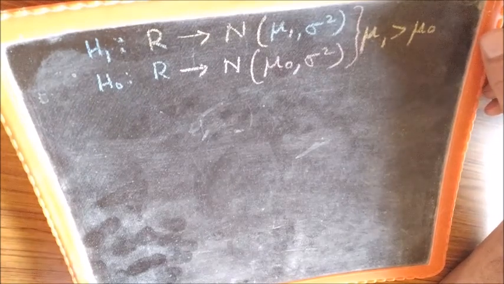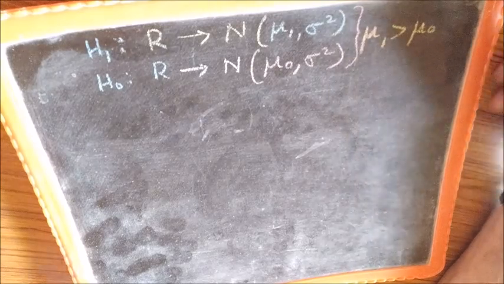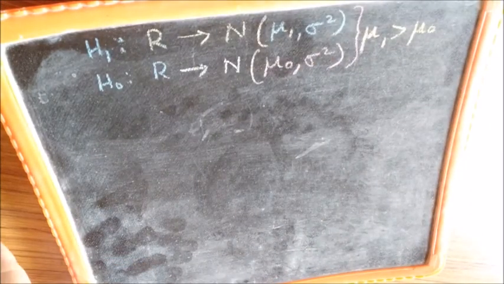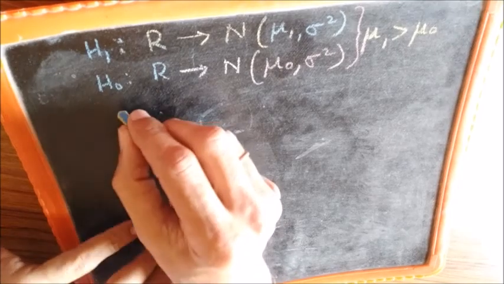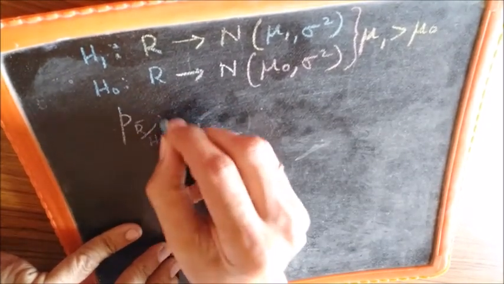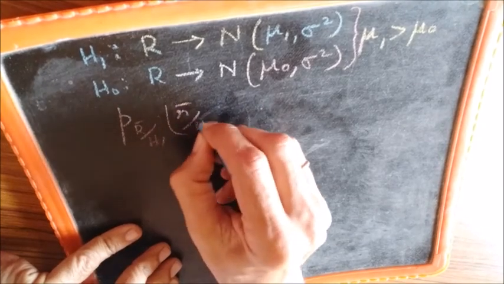So let us first find out the likelihood ratio. To get the log likelihood ratio, we have to first find the likelihood ratio. And to get the likelihood ratio, we need to have with us the conditional density functions.